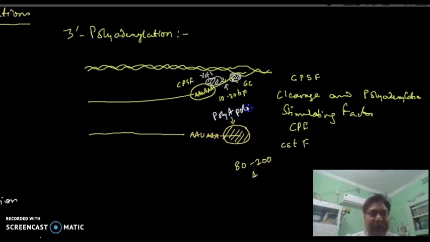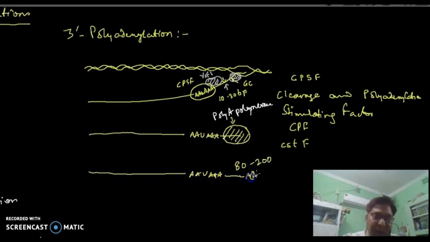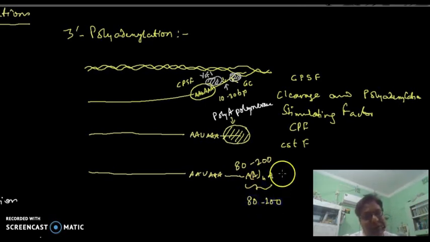This polymerase adds adenine residues at the end. AAUAAA, then this one, and then a number of A residues. So this is about 80 to 200 residues long, and it ends with a hydroxyl group, 3' OH.